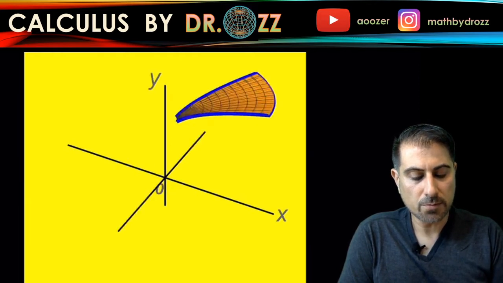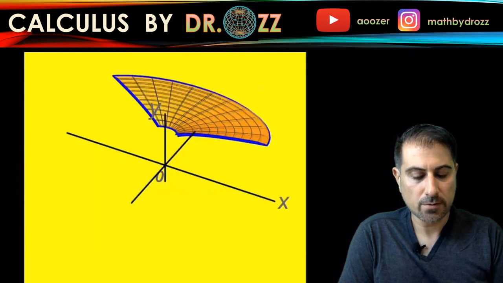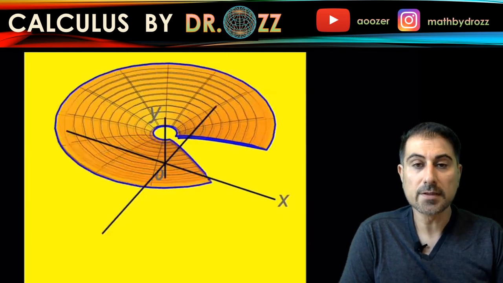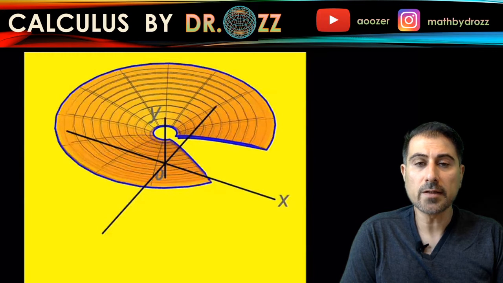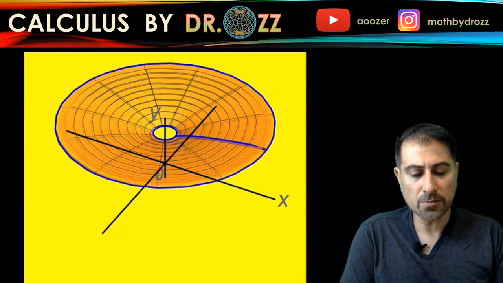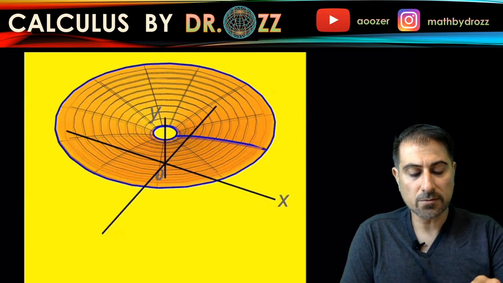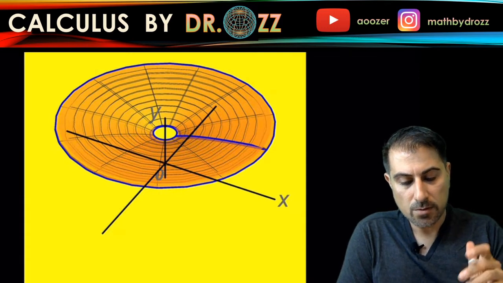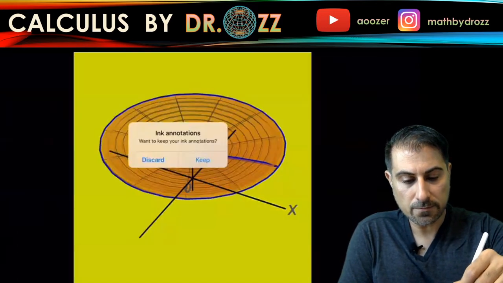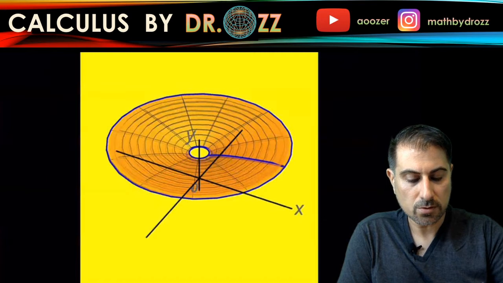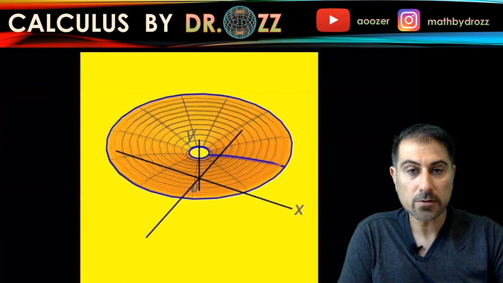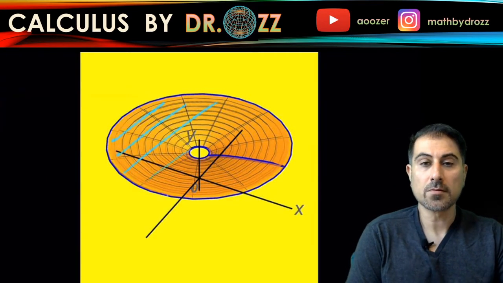So if you just keep revolving that around, this is exactly the shape you want, and you want to find the surface area of this three-dimensional object. So essentially you want to find the surface area right here.